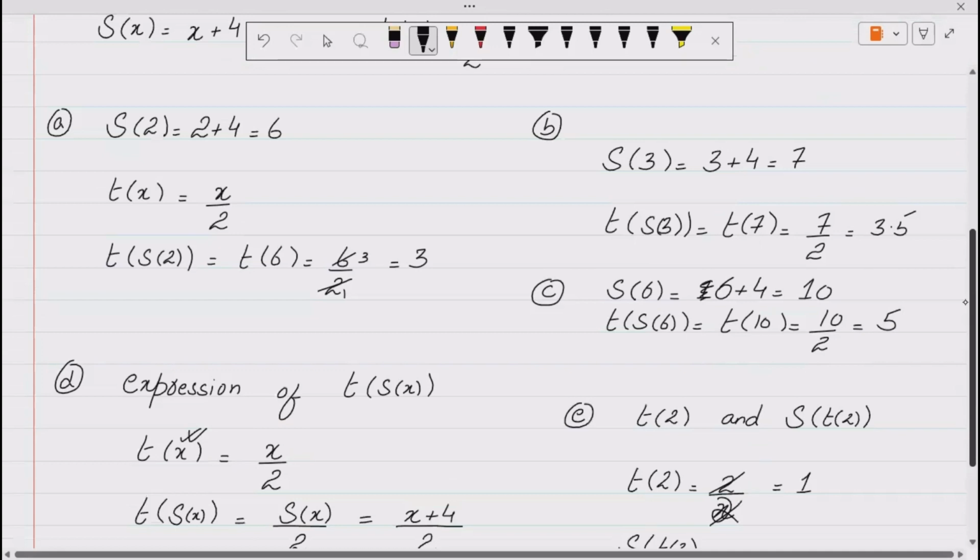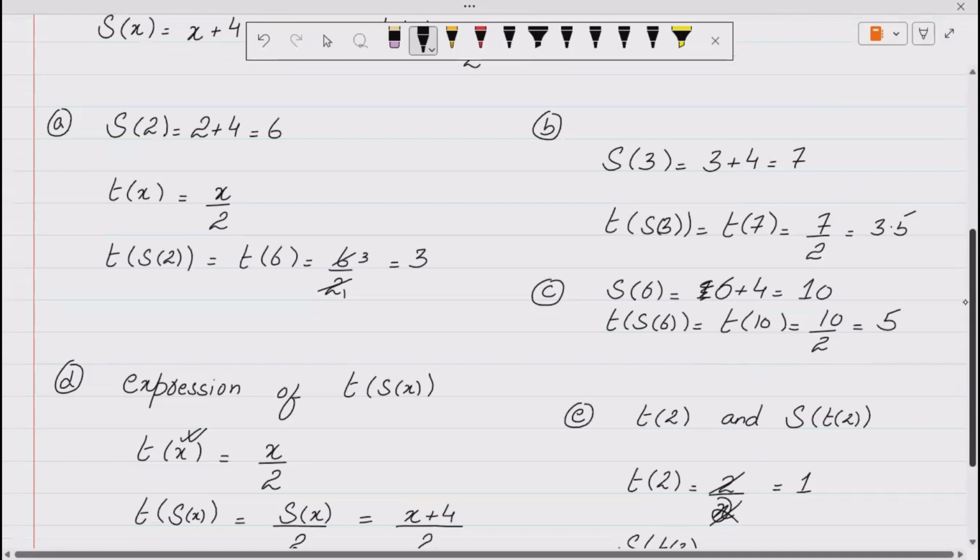Let's start exercise question 6 of exercise 21C. We are given A of x, which is x plus 4, and B of x, which is x minus 7, and we have to find A of B of x. So A of x is x plus 4.